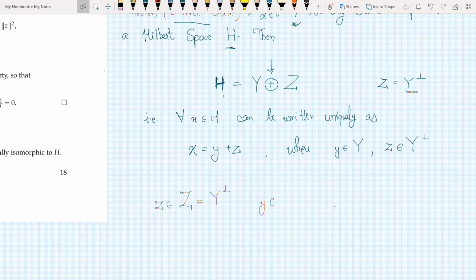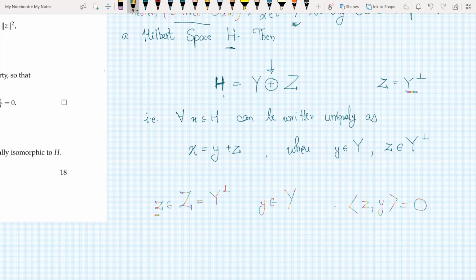If I have y belonging to capital Y and z belonging to Y perp, then the inner product of elements from these two spaces would be equal to 0.